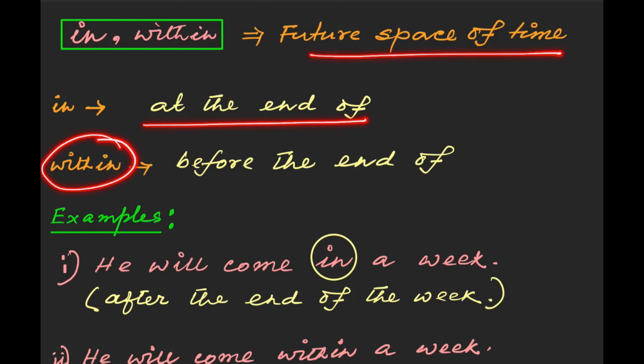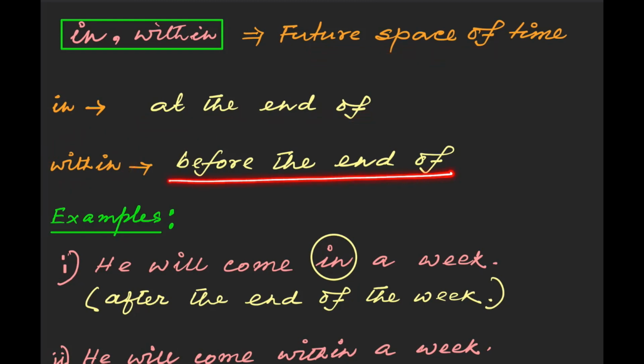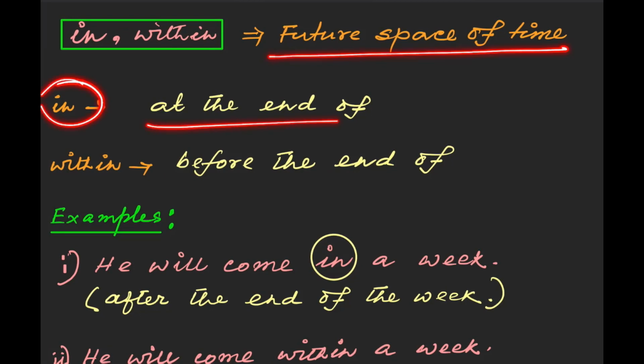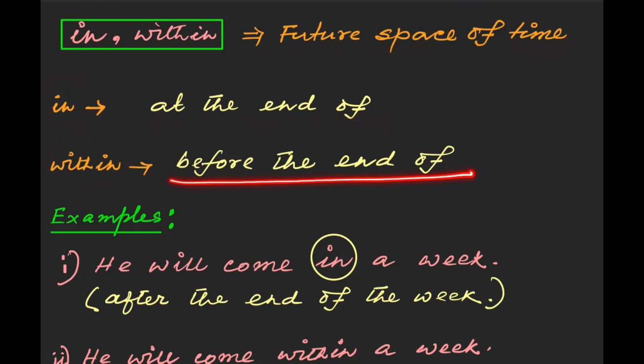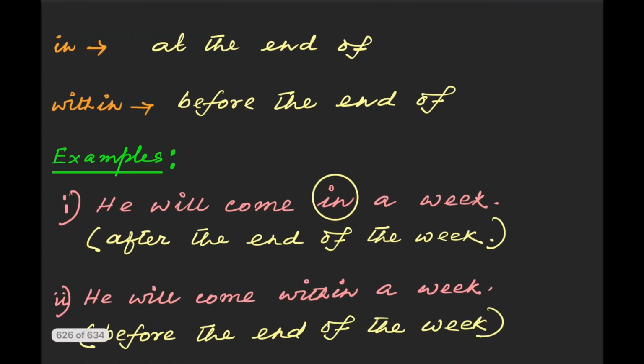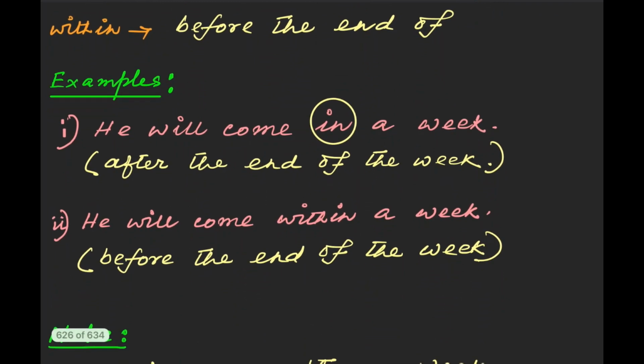And within denotes before the end of future space of time. In refers to the end of, within refers to before the end of. See the examples, then your idea will be totally clear. First example, he will come in a week.